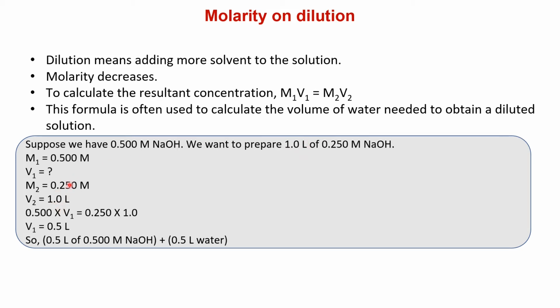We put these values in the formula: 0.500 multiplied by V1 is equal to 0.250 multiplied by 1.0. When we solve this, we get V1 equal to 0.5 liter. So this means that we will take 0.5 liter of this NaOH and add the rest of the water so that the total volume becomes 1.0 liter.